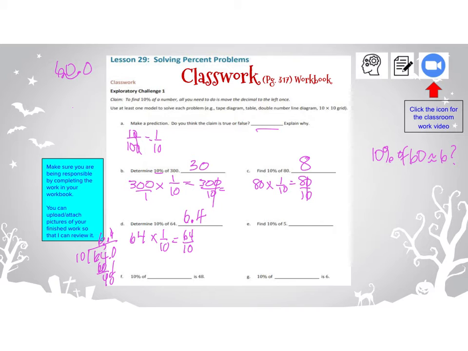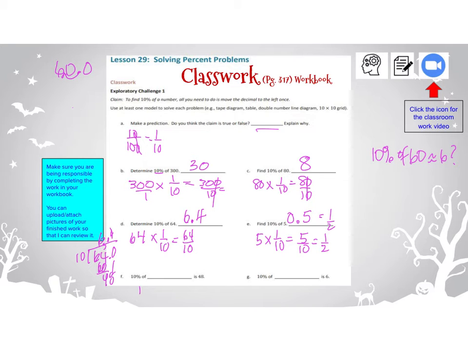So that's kind of moving the decimal one place to the left. 10% of 5: 5 times 1/10 is 5 over 10, meaning the decimal slid over one place to the left. I could also write that as a fraction, 1/2. That's equivalent to 1/2.